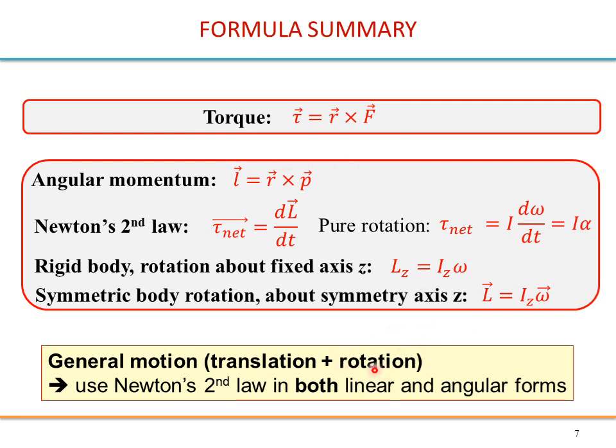It is very useful to isolate linear motion on one side and rotational motion on the other, because they are very easy to understand. But when you have general motion, you can have a superposition of linear motion and rotational motion. And in such a case, most of the time you will have to solve Newton's second law equations in both linear and angular forms.